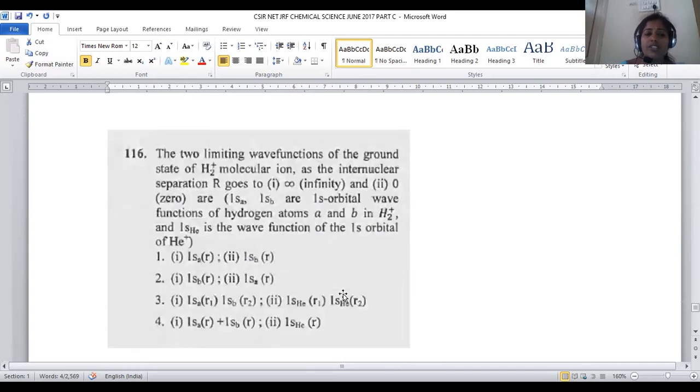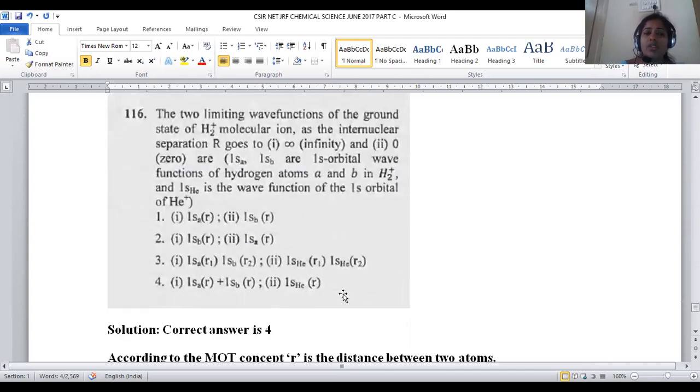Let us move on to the next question, 116. The two limiting wave functions of ground state H2 positive molecular ion as the internuclear separation R goes to infinity and 0 are 1sA and 1sB, the 1s orbital wave functions of hydrogen atoms A and B in H2 positive, and 1s helium is the wave function of the 1s orbital of helium positive.